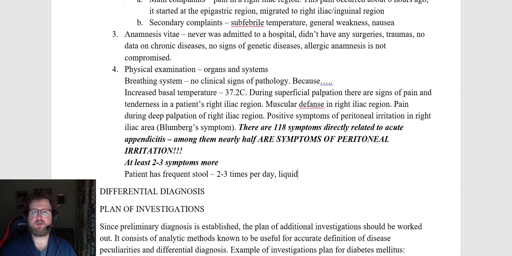That's why it results in increased peristalsis and increased stool. You may also point that out in your case history.